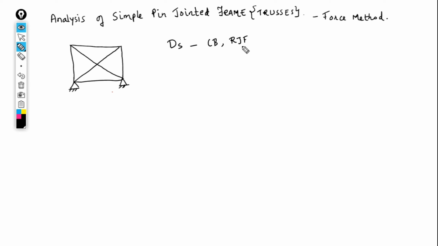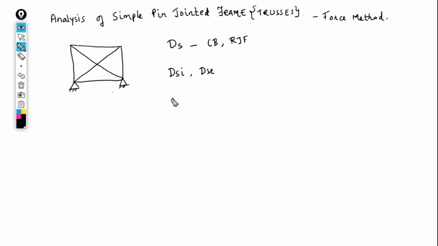In continuous beams and rigid jointed frames, you have to find the total statical indeterminacy of the structure. But when you are dealing with simple pin jointed frames, you have to determine DSI as well as DSE, internal indeterminacy as well as external indeterminacy.